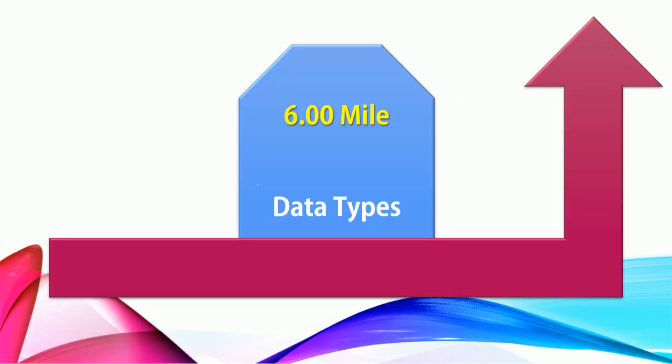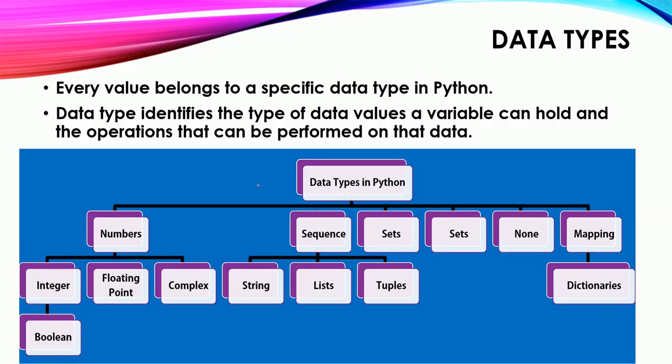Next, mile 6, data types. So what is a data type and what things are there? A data type is a different type of container. In a bottle you can put water, but you cannot put some gases.